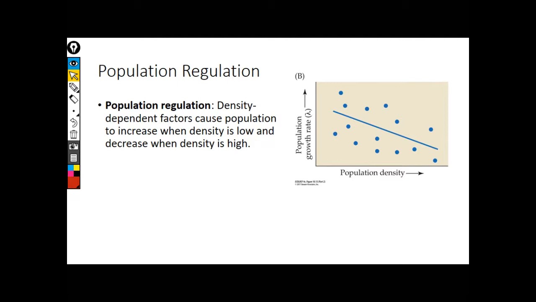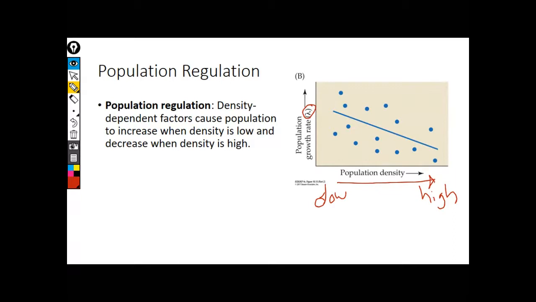Okay, so if we look at our graph here, here's our population density. We would have low population density on the left, high population density on the right. On our dependent variable, we have our population growth rate, so in this case, lambda.